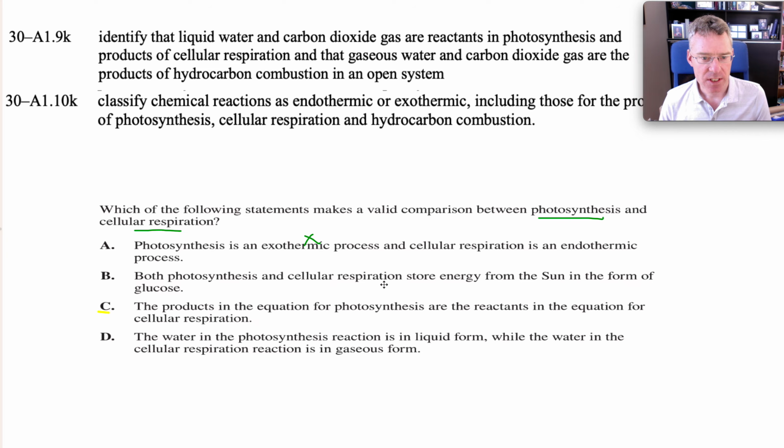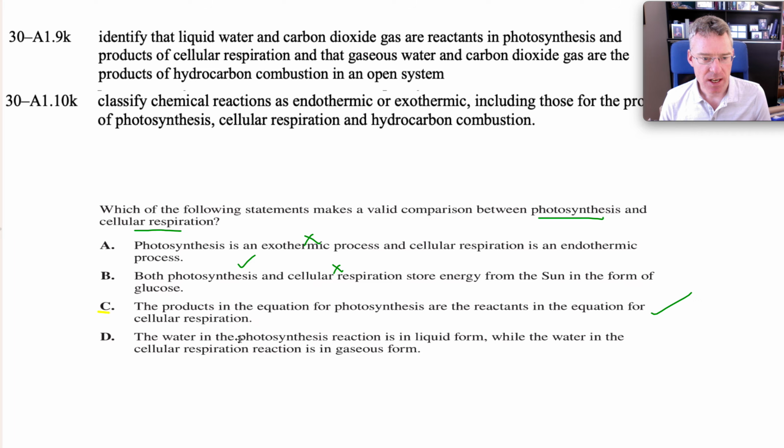Both photosynthesis and cellular respiration store energy from the sun. No, photosynthesis does, cellular respiration does not. The products in the equation for photosynthesis are the reactants in the equation for cellular respiration. That is correct. They are just the opposite reaction to each other. So that was the correct statement.